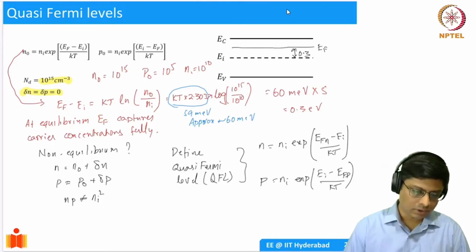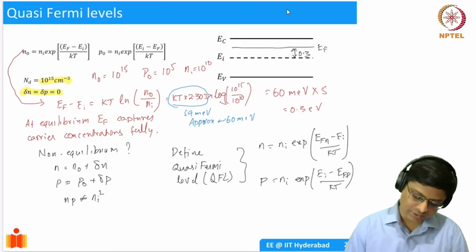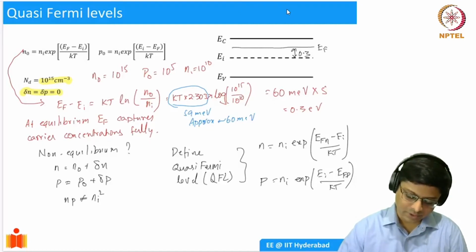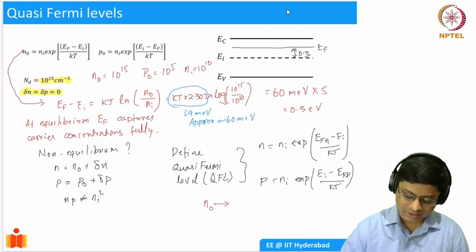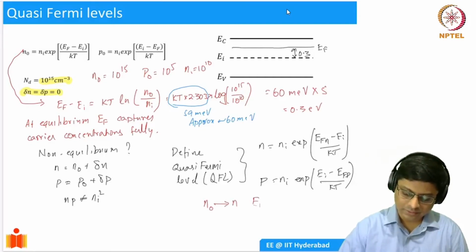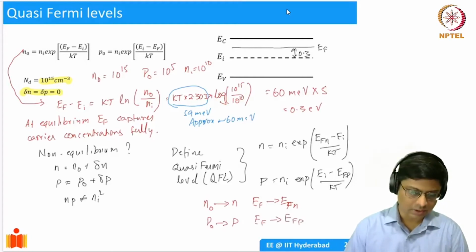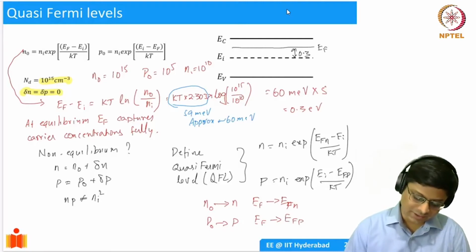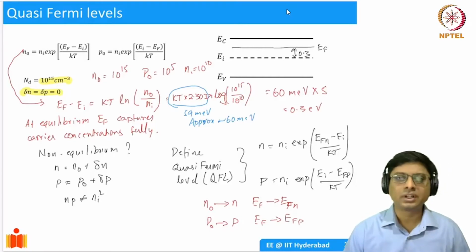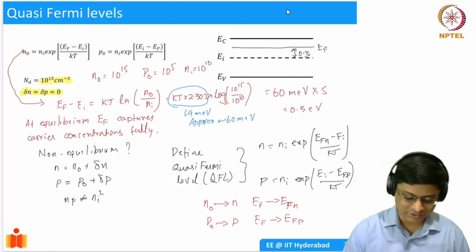So what I'm essentially doing here is replacing N naught by N, EF by EFN, and P naught by P, EF by EFP. These EFN and EFP are known as quasi Fermi levels. So this is the definition.